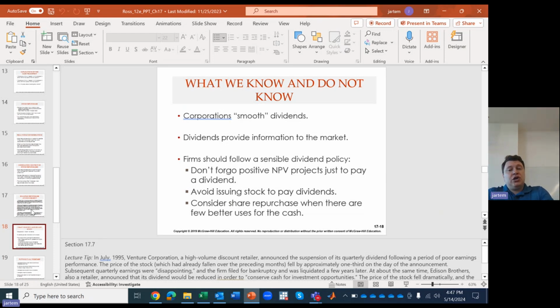So what we know is that corporations tend to smooth dividends, meaning that even though things like net income move quite a bit, there's quite a bit of volatility in companies' net incomes, dividends don't move as much. So the idea is that CEOs try to keep shareholders calm.